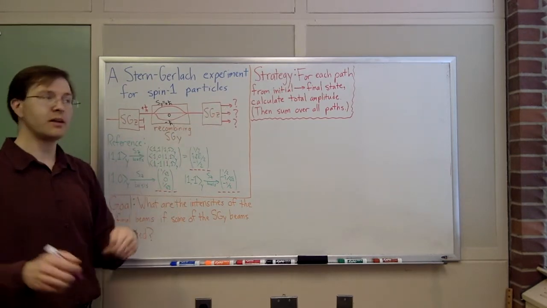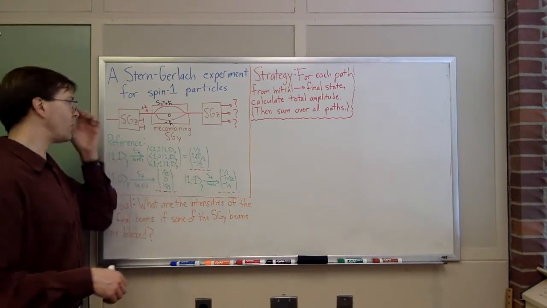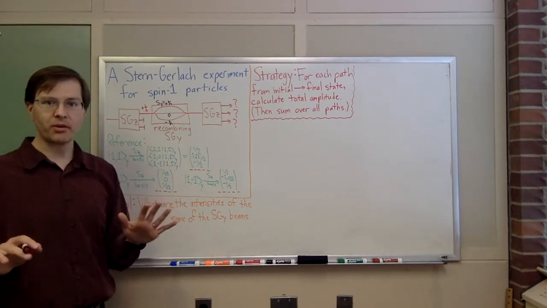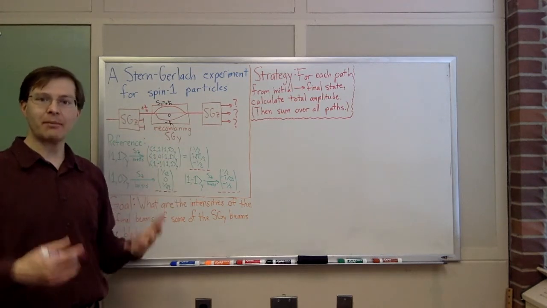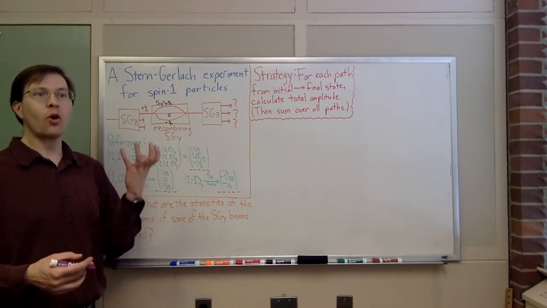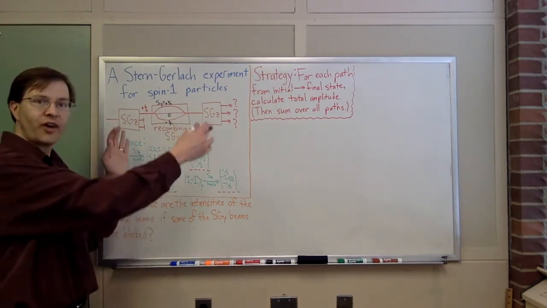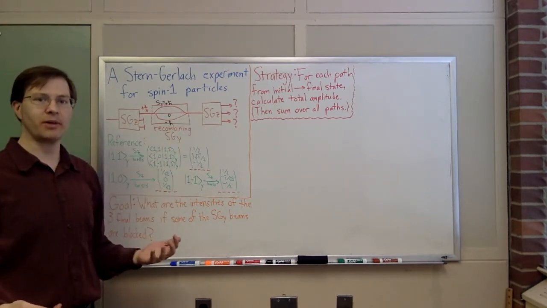We'll say how to do that in a minute. With all those amplitudes, don't take probabilities, don't square yet. Once we've done that for every path, we sum the amplitudes for all the paths. That's our overall amplitude for that initial to final process, and that's what we square to find a probability.